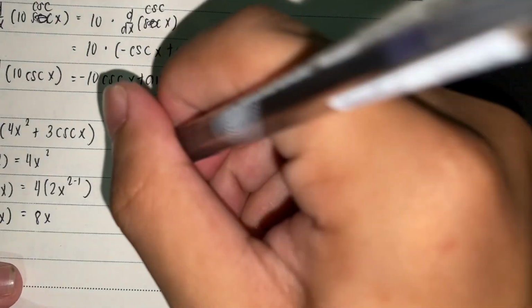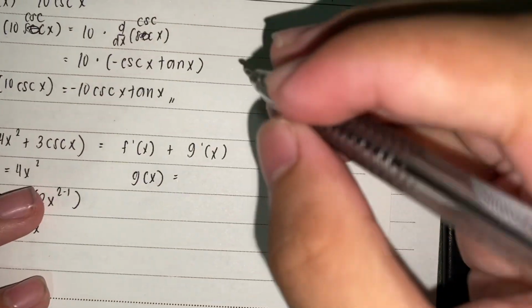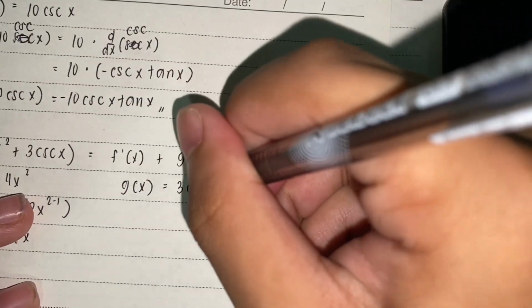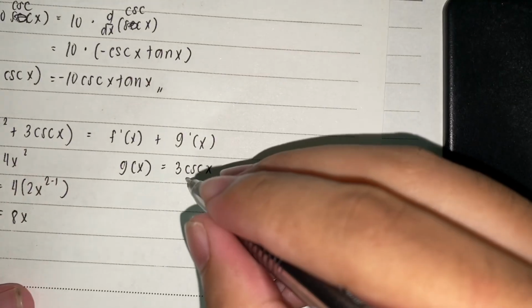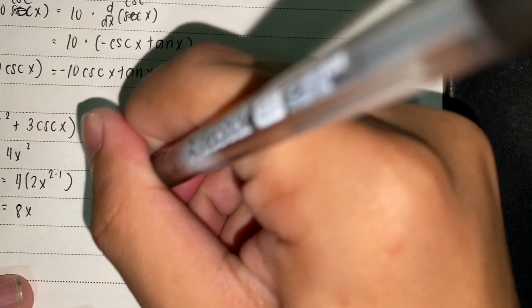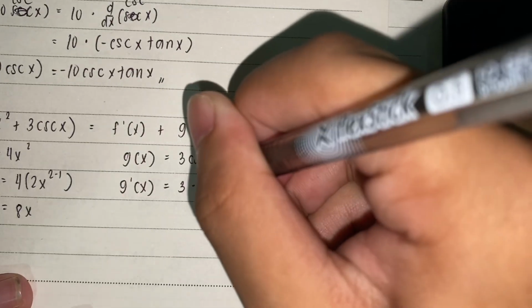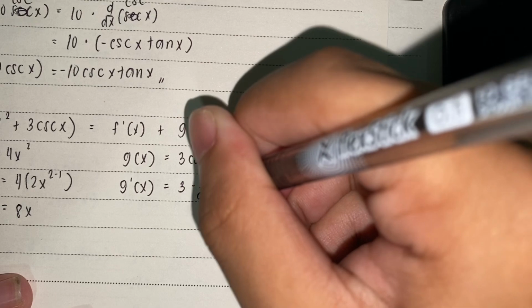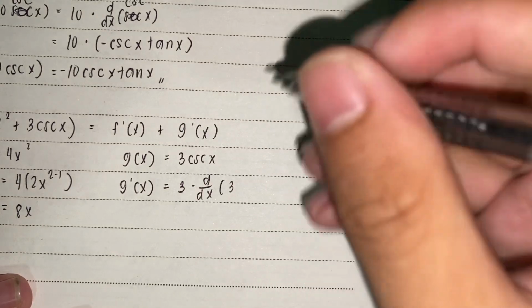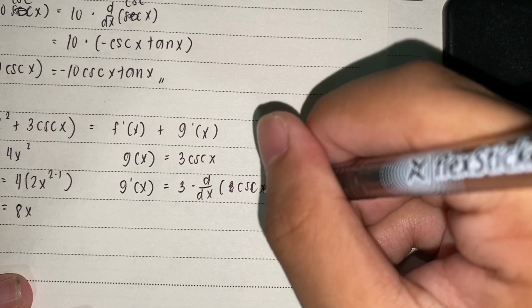So now the g of x is going to be 3 cosecant x, and this one is also going to be using the constant multiple rule. So that is 3 times the derivative of cosecant x.